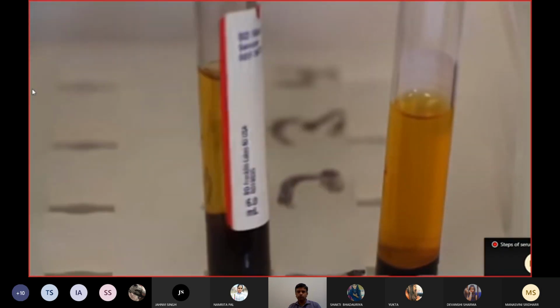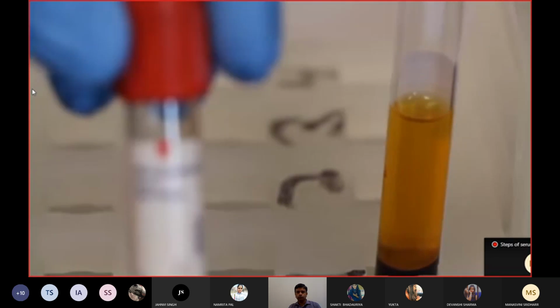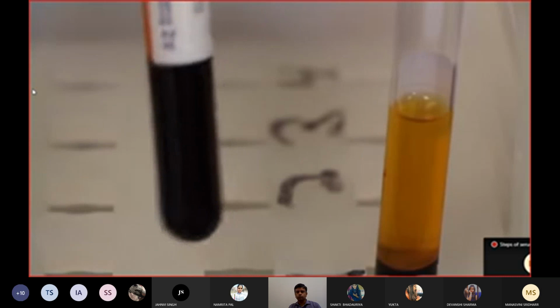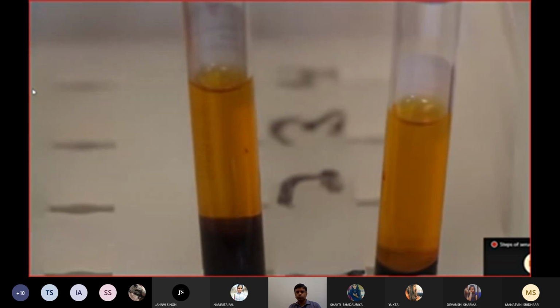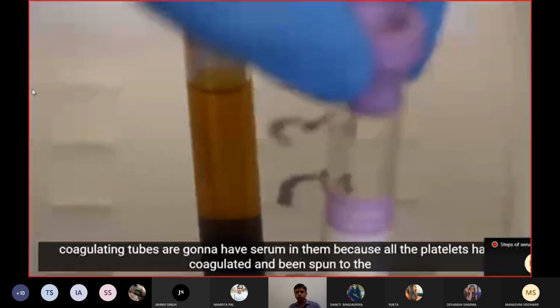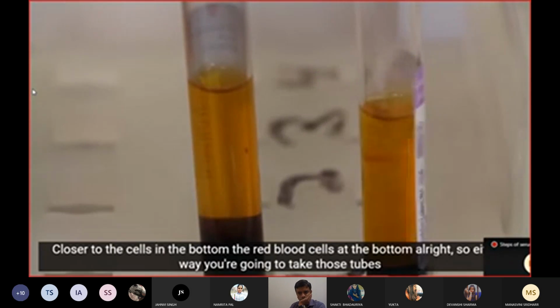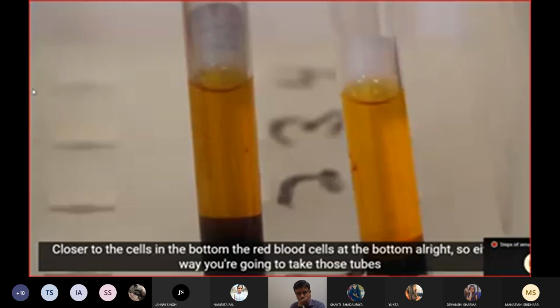So what that clear liquid is, it depends on the type of tube, whether it's a coagulant or an anticoagulant tube. So again, the anticoagulant tubes are going to have plasma in them, so that liquid's going to still contain platelets. The coagulating tubes are going to have serum in them because all the platelets have coagulated and been spun closer to the cells in the bottom, the red blood cells at the bottom.